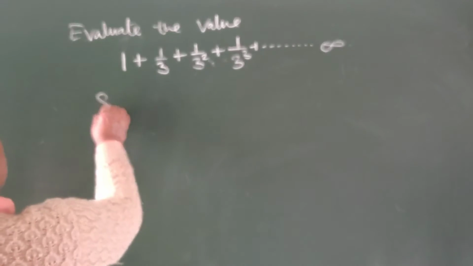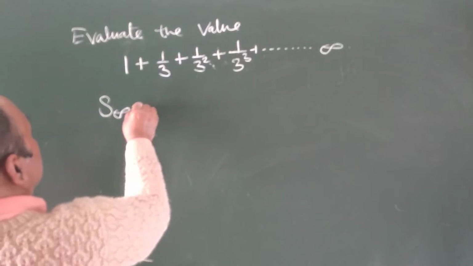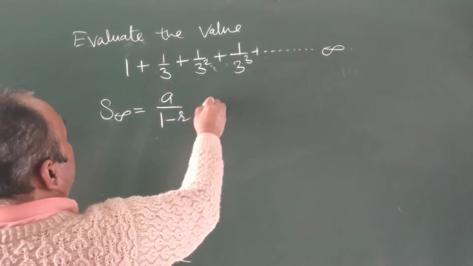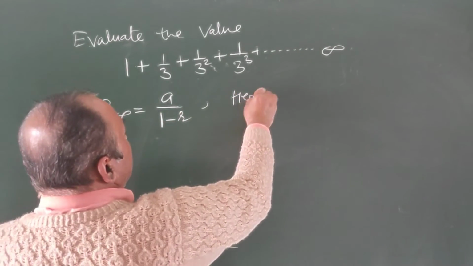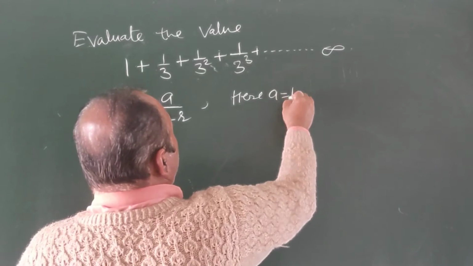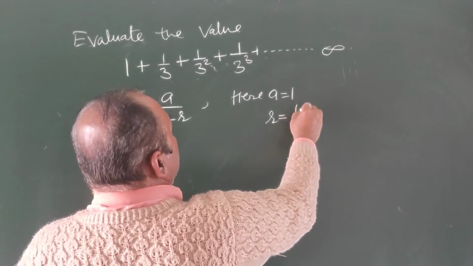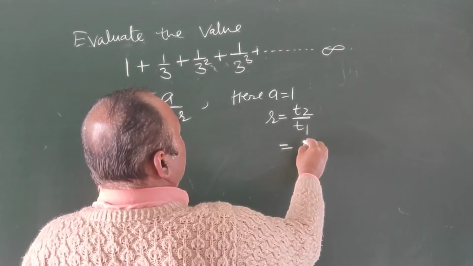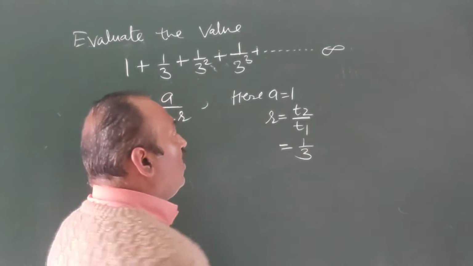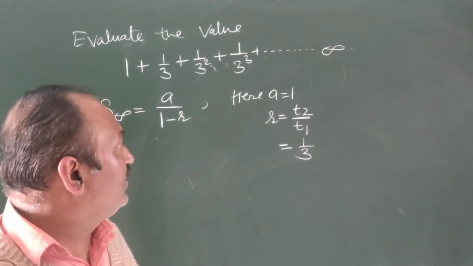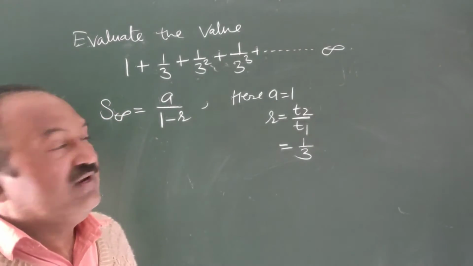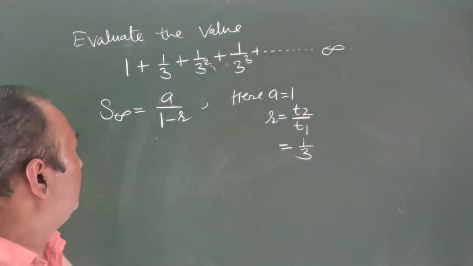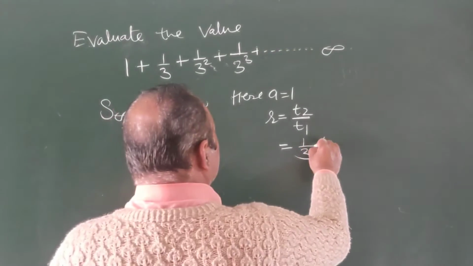Hence, S infinity will be a/(1 - r). Here a is equal to 1 and r is equal to t2/t1, that is equal to 1/3, which is less than 1.